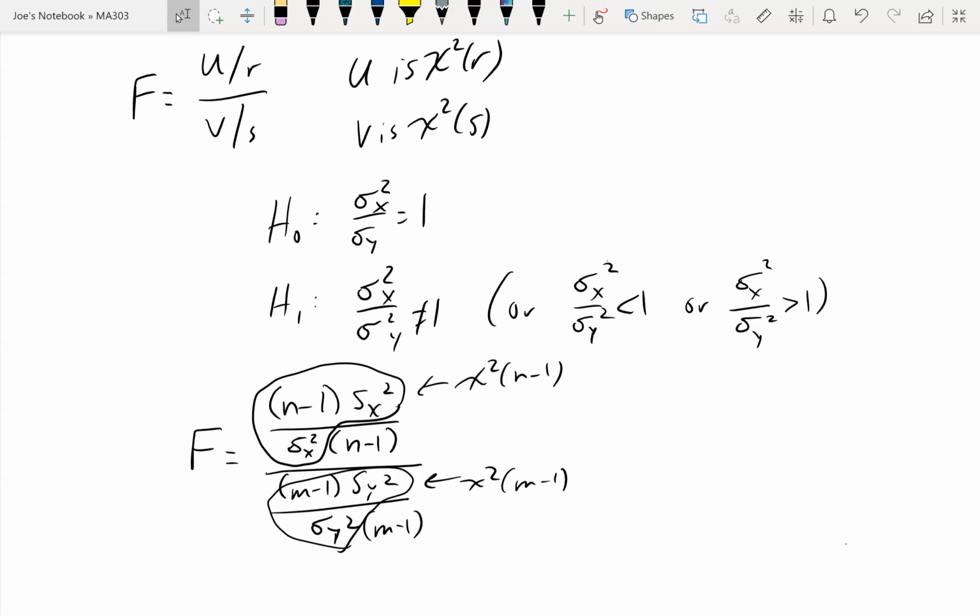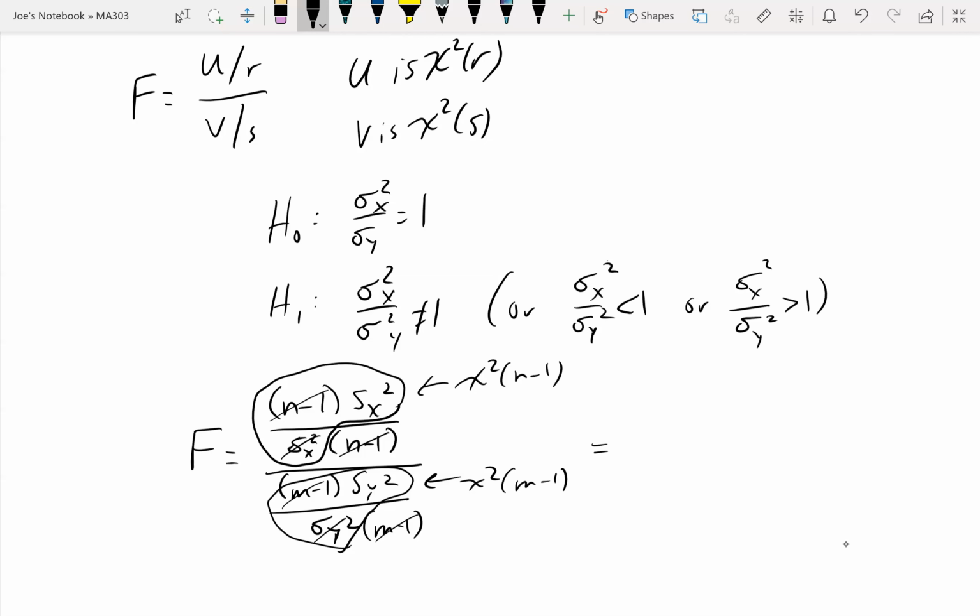All right. So, again, this stuff hopefully is review. We talked about this being chi-squared and this being chi-squared. Now, remember, when we're doing our hypothesis testing, we're assuming the null hypothesis is true. So we're assuming that the variances are equal to each other. If they're equal, then those variances cancel out, and notice that your degrees of freedom pieces cancel out as well.